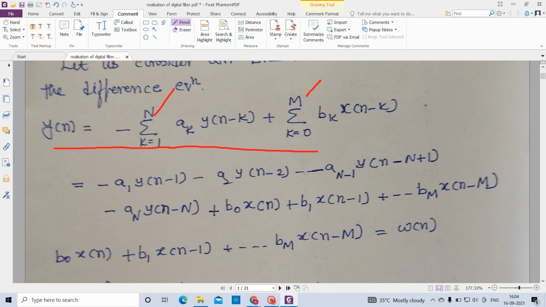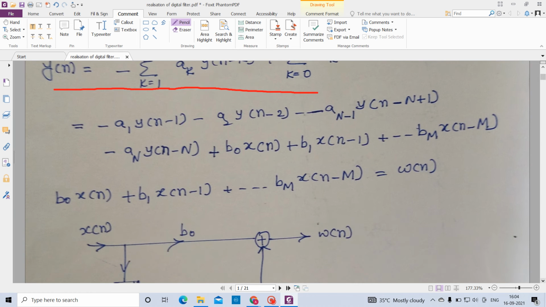After substituting the values of n and m, we get one equation, the final equation. Here we are splitting this equation into two parts, segregating the equations: the a variable as a separate equation and the b variable as a separate equation.